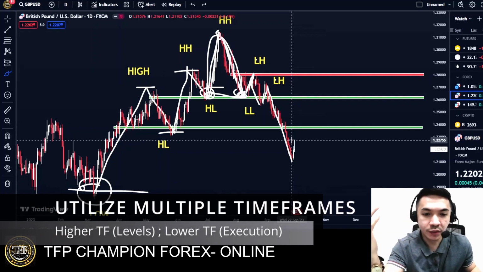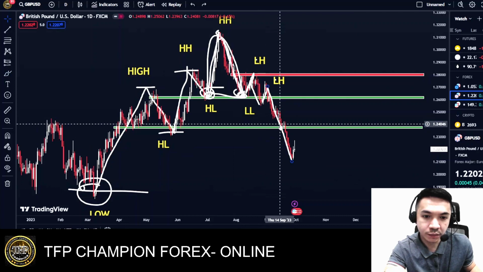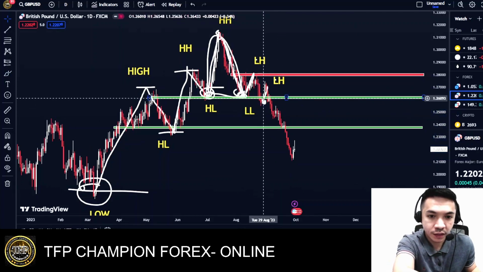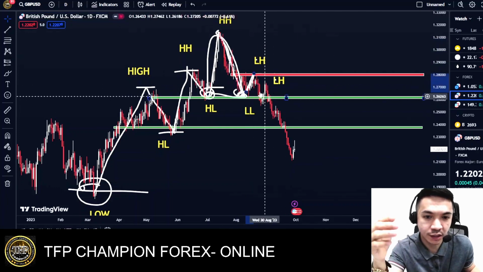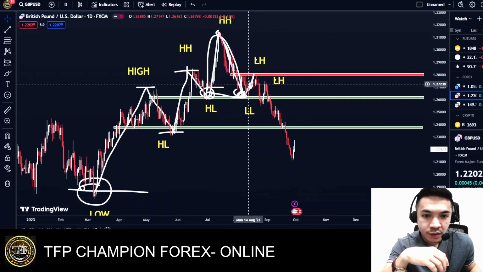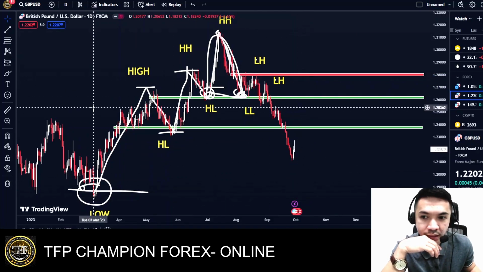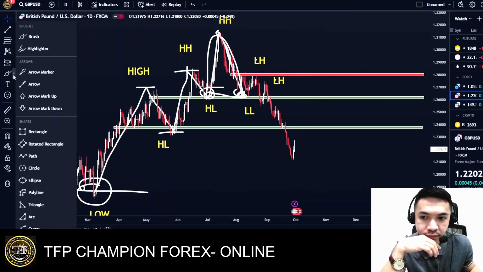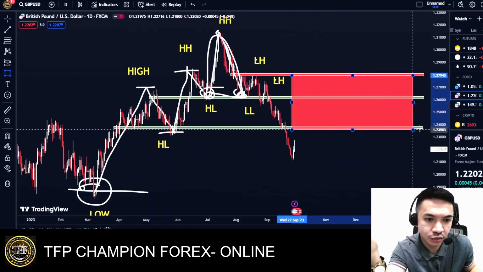So ngayon, anong gagawin natin? I-raise ko lang to, para mas maintindihan. This level. So at this point, we are expecting an area of reaction. Saan yun? Around this area, this whole area.